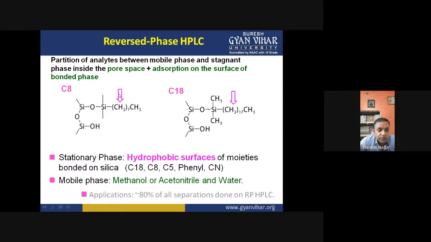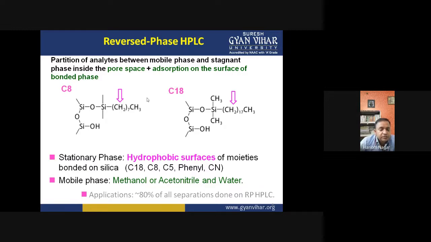In reverse phase HPLC, the polar compound will interact with the mobile phase strongly, because the mobile phase is more polar than the stationary phase. So the more polar component will interact with the mobile phase and elute first, and the less polar component will interact strongly with the stationary phase and elute later.